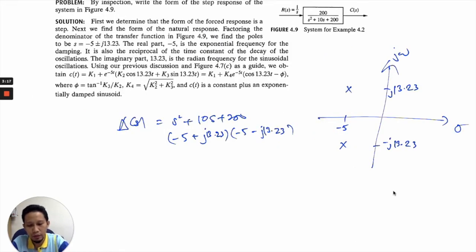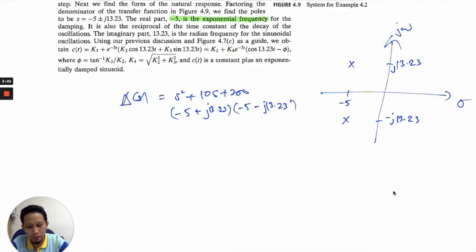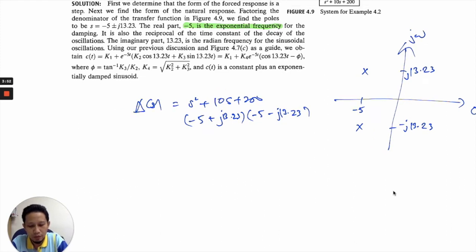Like I have explained previously, the exponential frequency is negative 5. What does it mean by the exponential frequency? When we do the time response, you will get this term when you find the output.